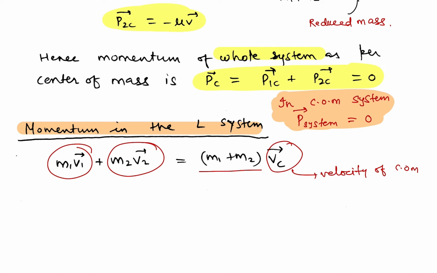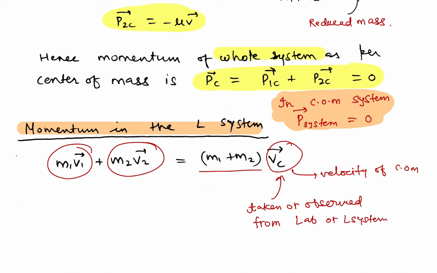Even if you know the velocity of center of mass, you could know the momentum in L system, because the velocity of center of mass is determined by us and we are standing in the laboratory. The velocity of center of mass is observed from the lab or L system.